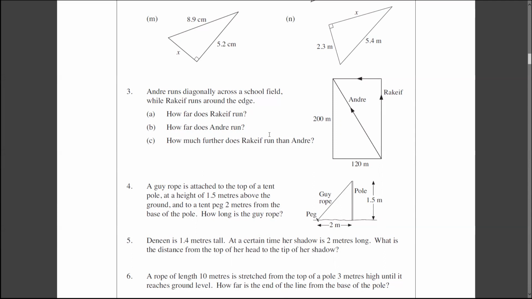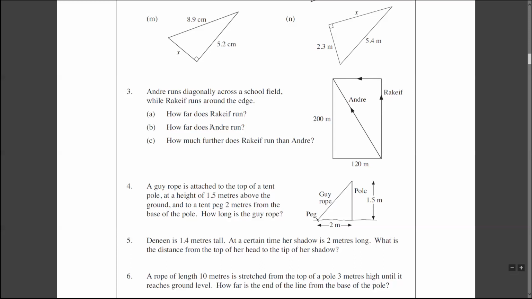How much further does Rakif run than Andre? So if you read it again, it says Andre runs diagonally across a school field. So from here to here, while Rakif runs around the edge. So Rakif goes from here and then he goes here. Right, at least based off the diagram, that's the information we get.